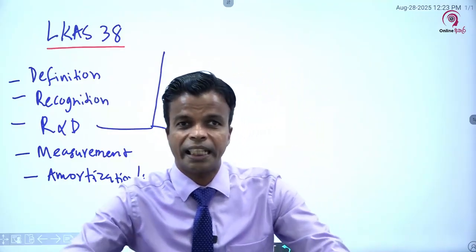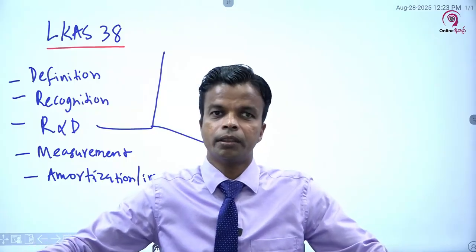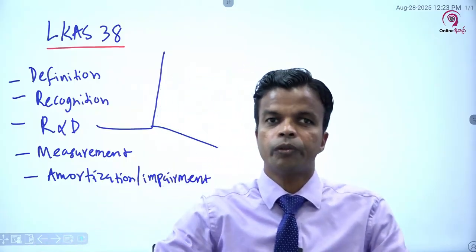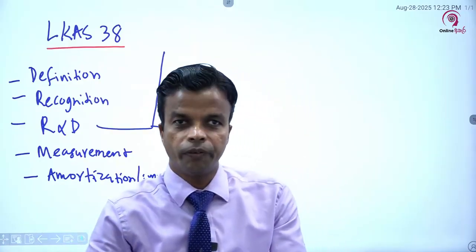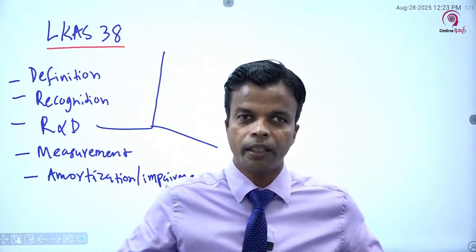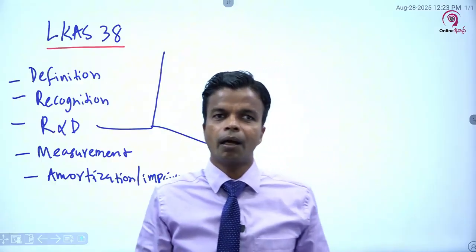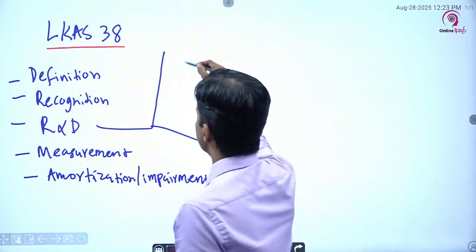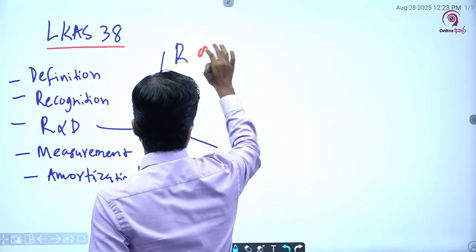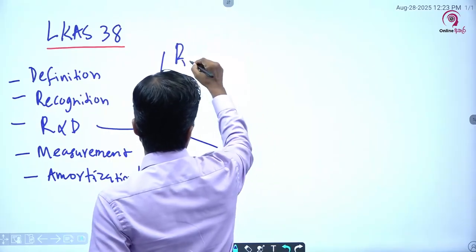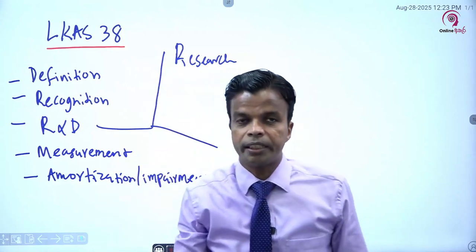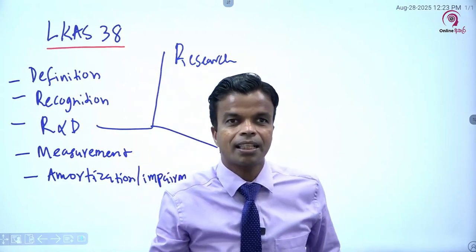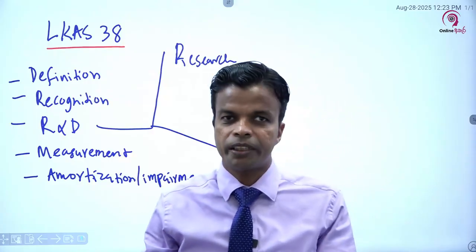You have not started anything from the commercial production point of view, or the testing point of view, or the manufacturing point of view, or the development point of view. You have not done anything, but you're doing a kind of background study that we can call research. Just because you have done these background activities, you won't have any asset coming in and no economic benefits coming in.